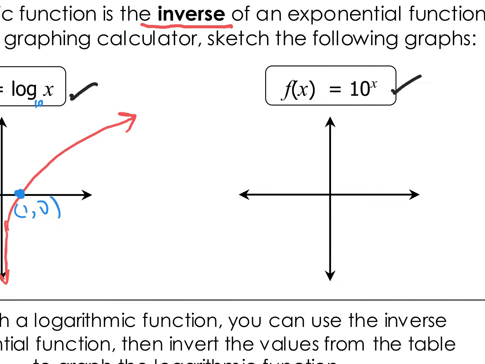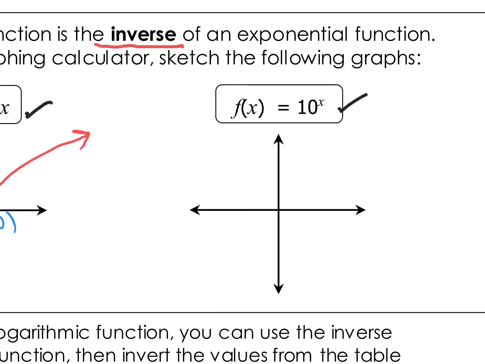And it is the inverse of 10 to the x, which is exponential growth. Exponential growth meant as it goes to the left forever and ever, it's asymptotic on the horizontal. Then as it cuts through, it goes through the point, wait for it, 0, 1, and then the function continues to climb.